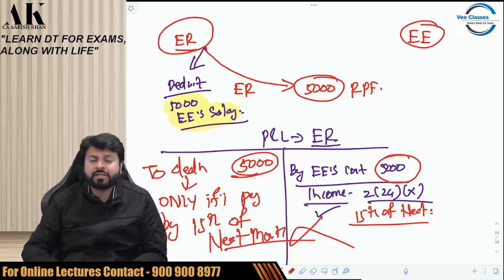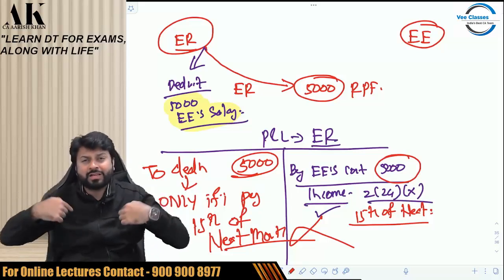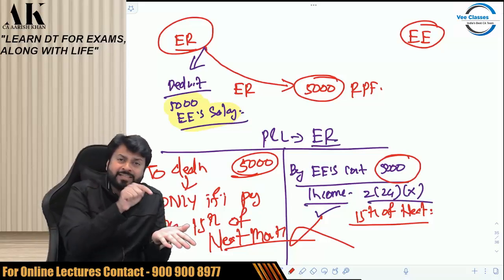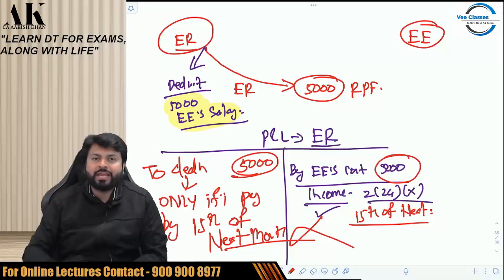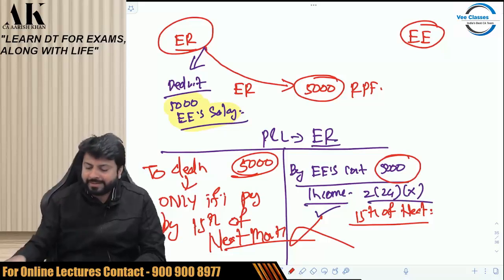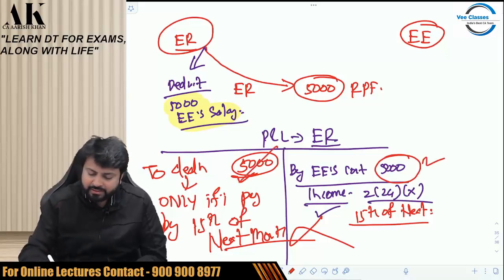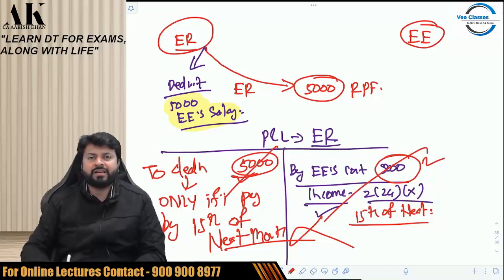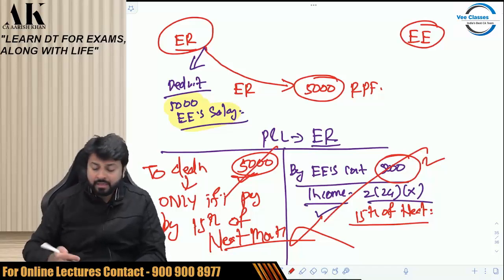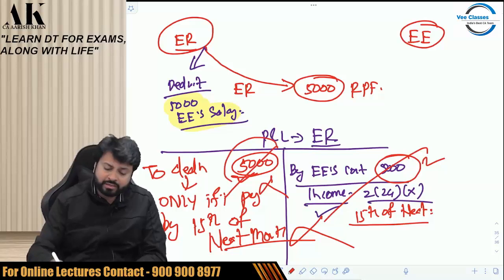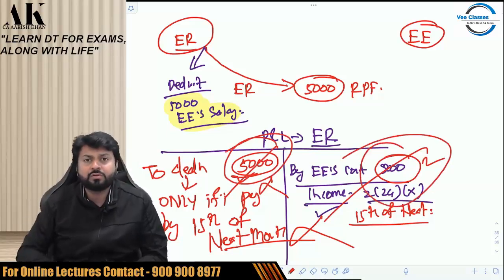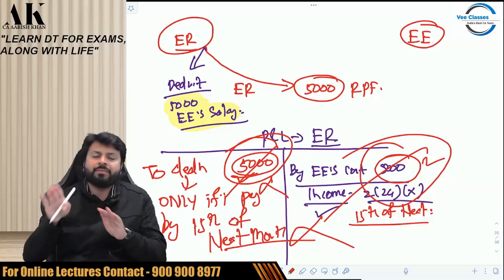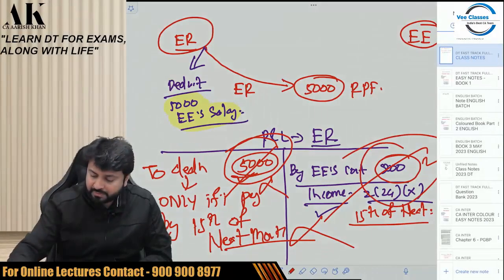So employee contribution is also allowed as deduction, because first it is considered as income and then it is allowed as deduction to the employer. Then if you pay within 15 days, this 5,000 will get nullified. If you do not pay within 15 days, you will not get the deduction. If you don't get the deduction, this 5,000 will be subject to tax. The employer will be very keen to make the payment on time. So this is what this provision has to say.